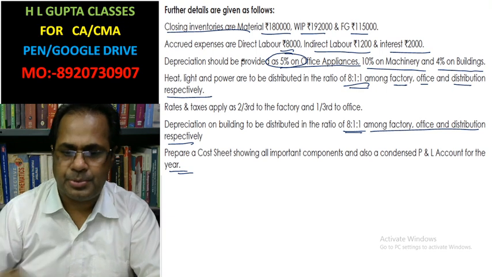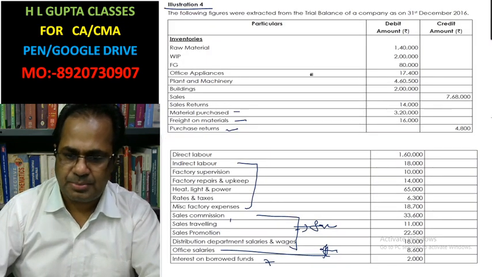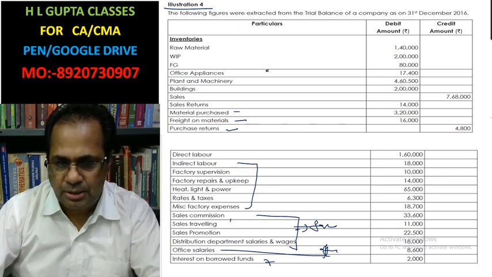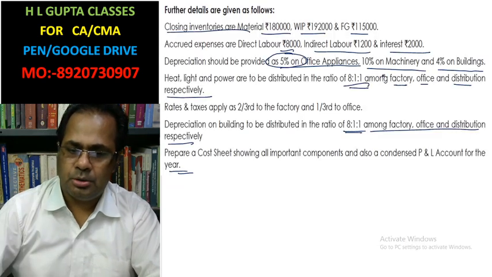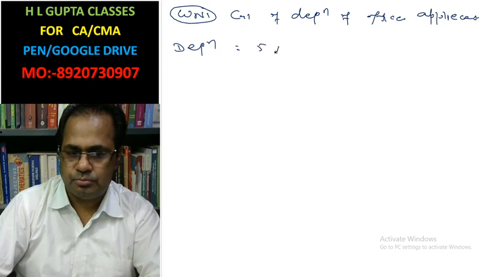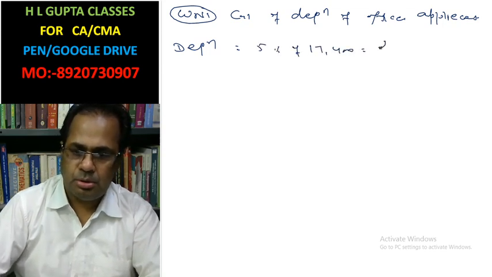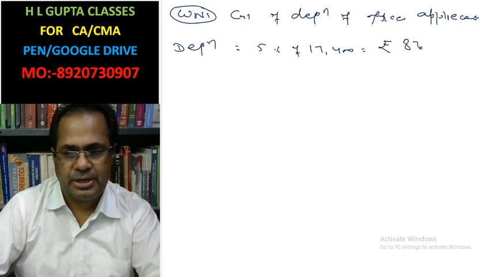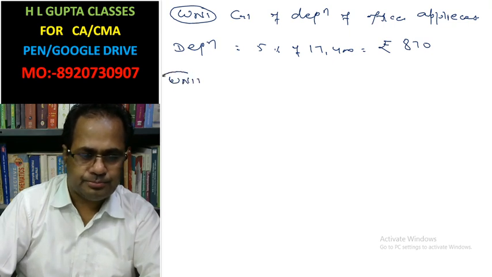Now what is the expenditure on office appliances? Office appliances is 17,400. So that is 5% of 17,400, that is rupees 870.